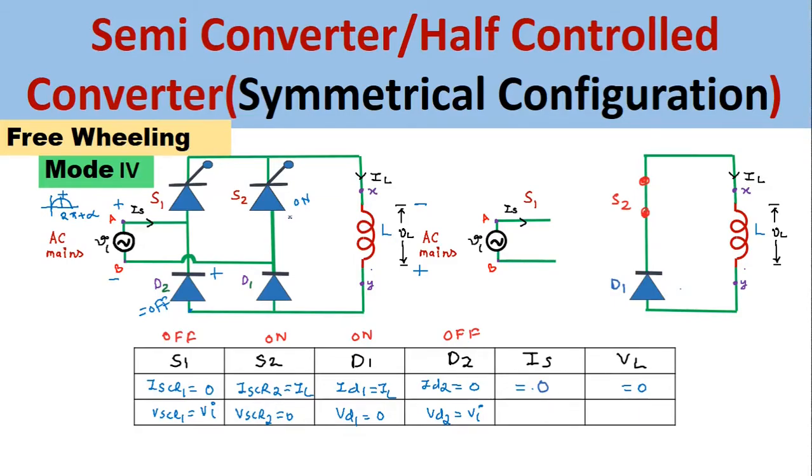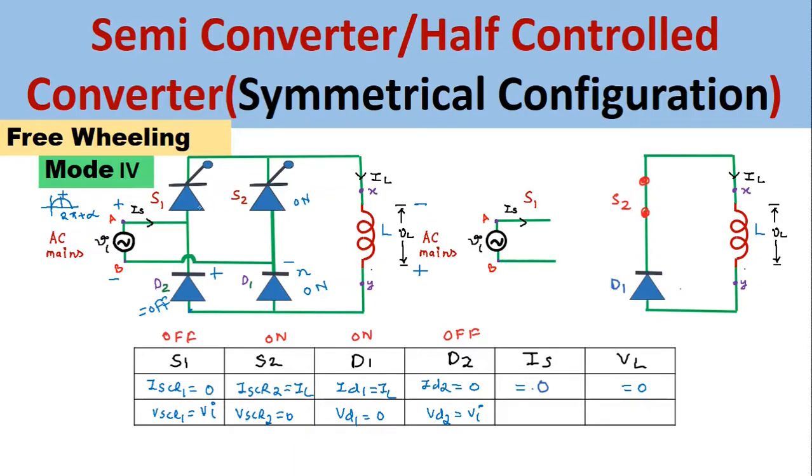So now the condition is that SCR S2 and D1 will be on. Since this negative will come to the N side of diode D1, D1 starts conducting. That means D1 is on, and S2 continues to conduct due to the stored energy in the inductor.